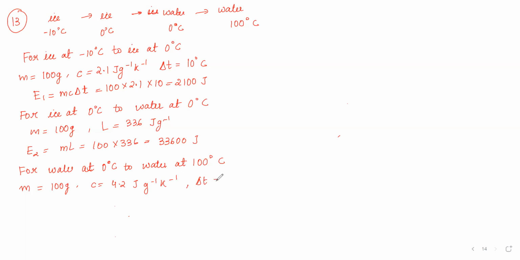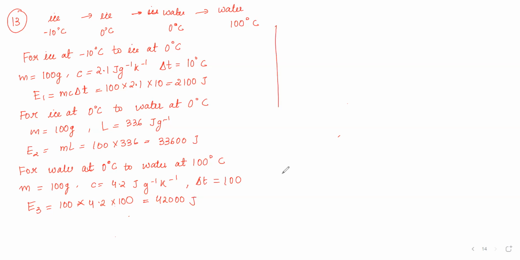And delta T here is 100. Okay, so what is E3 equal to? 100 into 4.2 into 100. This is going to be a big number. 420 and 2 zeros, so 42,000 joules.